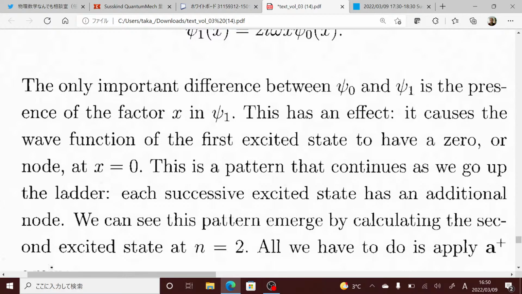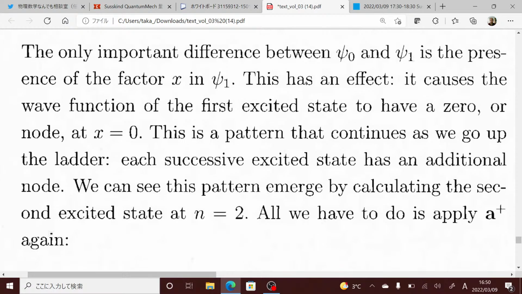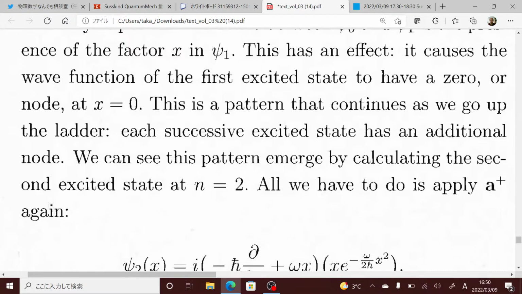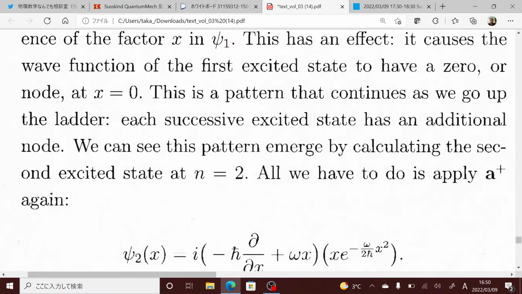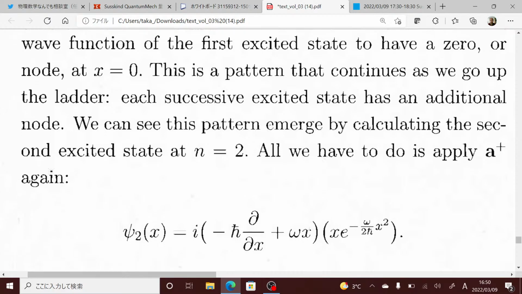It causes the wave function of the first excited state to have a zero, or node, at x equals 0. This is a pattern that continues as we go up the ladder. Each successive excited state has an additional node.